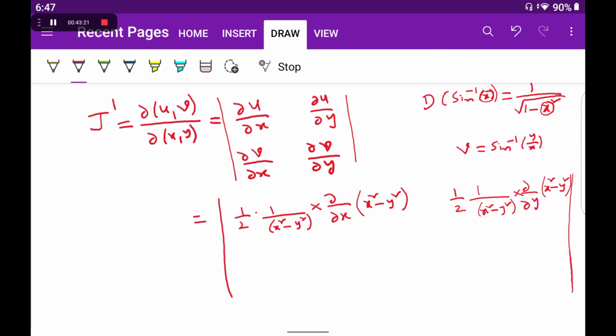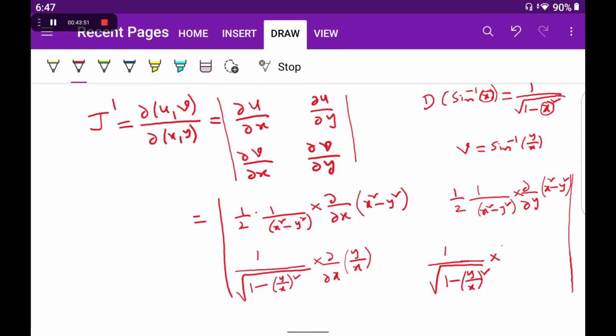So the derivative of sin inverse y by x is 1 by root 1 minus that something square into derivative of something. Here dou v by dou y is again sin inverse something derivative, 1 by root 1 minus something square, into derivative of something with respect to y. Here with respect to x, here with respect to y.